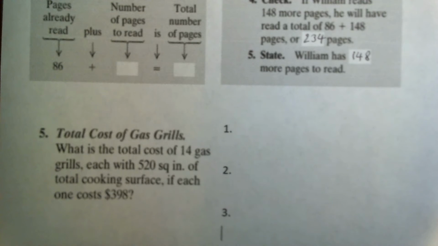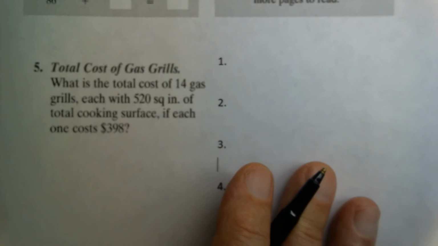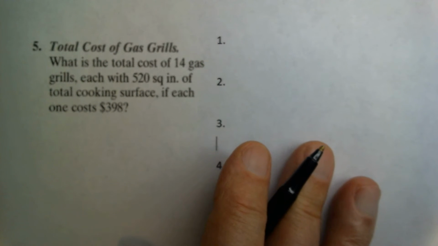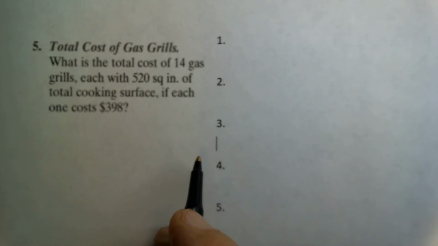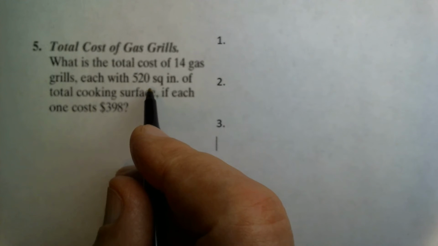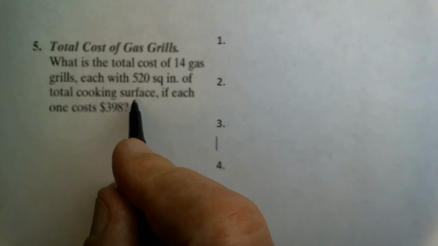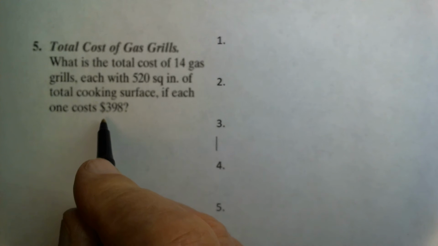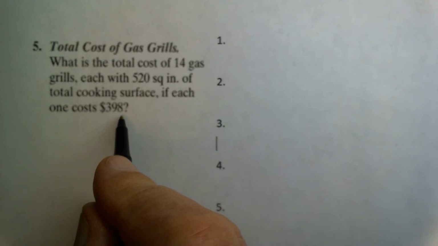So let's apply this to the next problem statement here. Total cost of gas grills. What is the total cost of 14 gas grills, each with 520 square inches of total cooking surface, if each one costs $398?